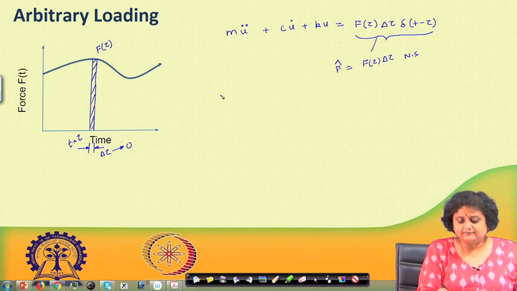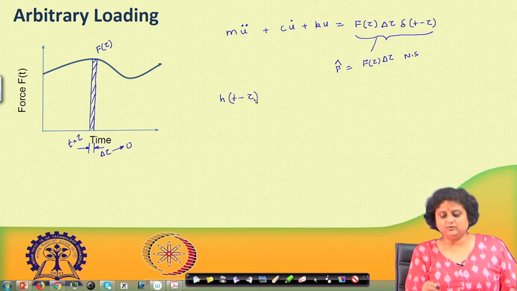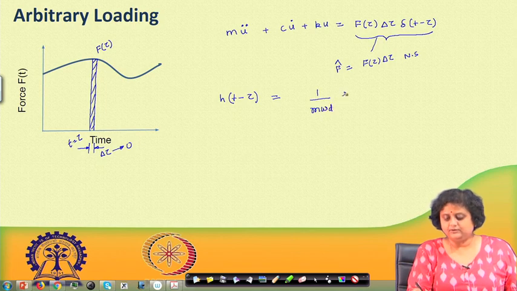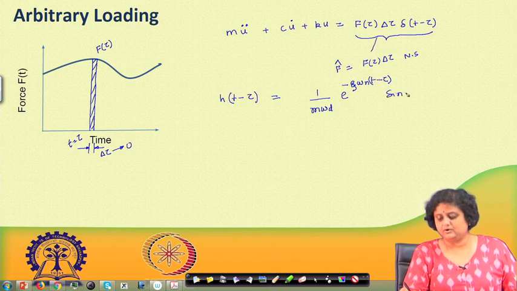The impulsive response of this system for a unit impulse load acting at t equals tau is h tau, which I know as 1 by m omega d e to the power minus zeta omega n (t minus tau) into sine omega d (t minus tau).